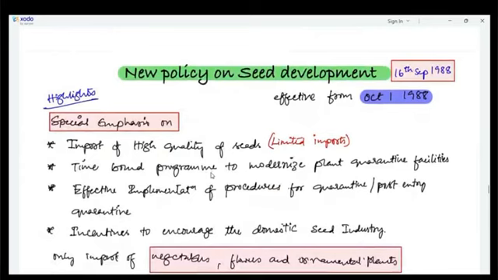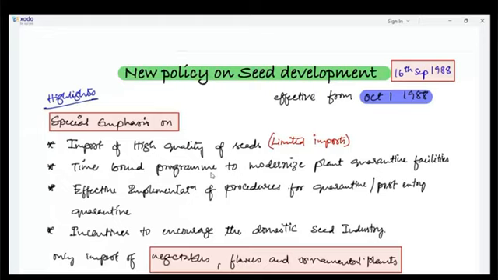Since this is again related to import, and the materials available in India were very limited, the farmers or seed producers did not have direct access to foreign materials. Seeing this lacuna, the government came up with the new policy on seed development, which gave special emphasis to the import of high quality seeds. If you see broadly, importing any material is not an easy task.